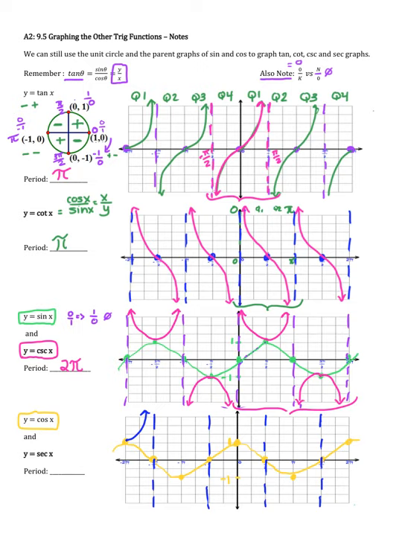I guess I could have done it in pink, but you guys will live. Notice it also shifts by 90 degrees from what the cosecant graph was. Secant, cosecant, they are complementary. It's all related.